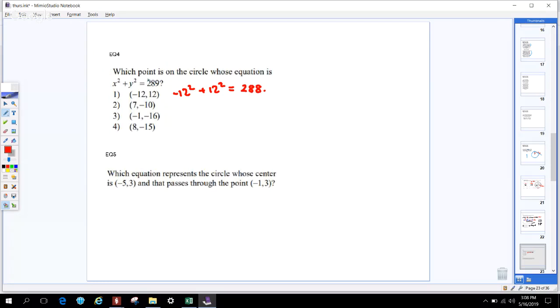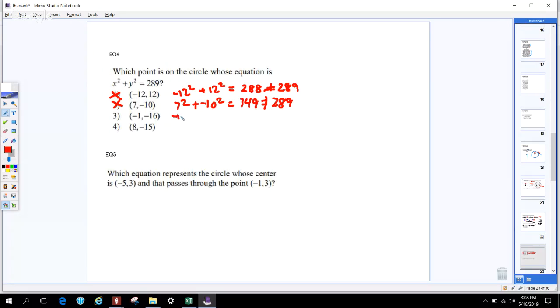Does 288 equal 289? No, so it's not choice 1. Here I've got 7 squared plus -10 squared. 7 squared is 49. 49 plus 100 is 149. Does 149 equal 289? No, so it's not choice 2.